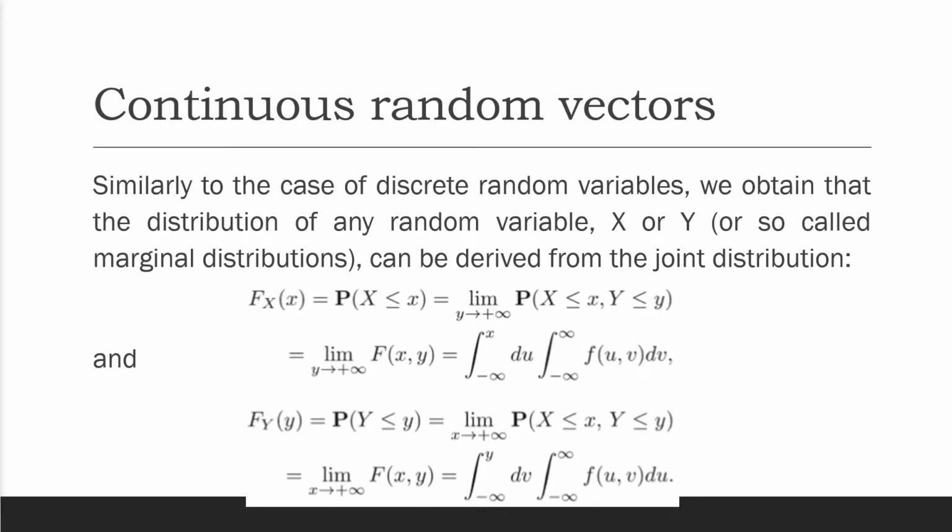So in particular, it follows that the marginal density can be found as, I will write this one here. It can be found that you have f of x in relation to x is equal to the integral of f of x, v dv from negative infinity to positive infinity.